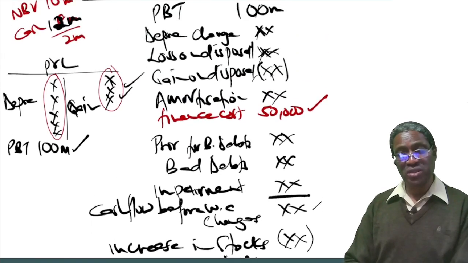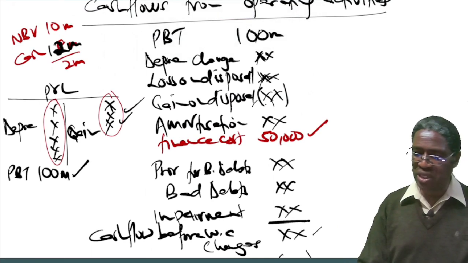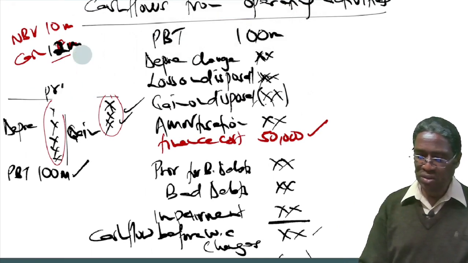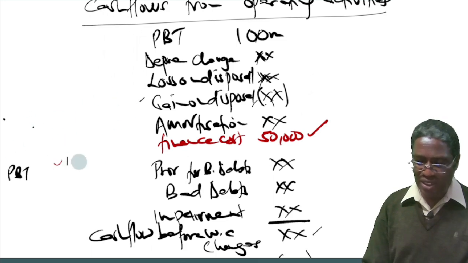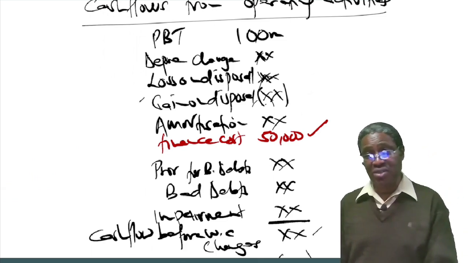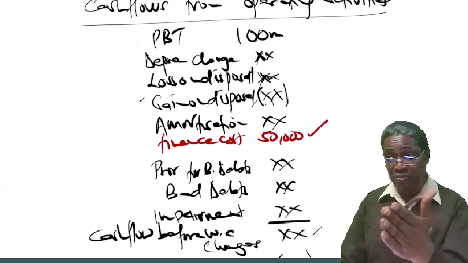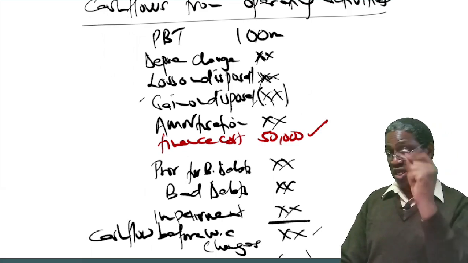How did we do it? Let me wrap this part so that you get it clear. We have said to get the cash flows from operating activities, take the profit before tax. You will be given an income statement for the current year, so that is something you should not miss. Just go and pick it.